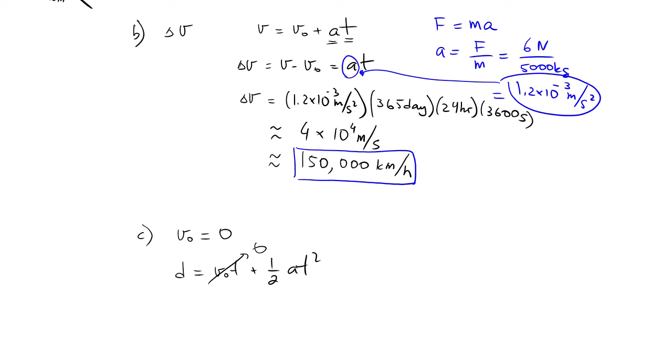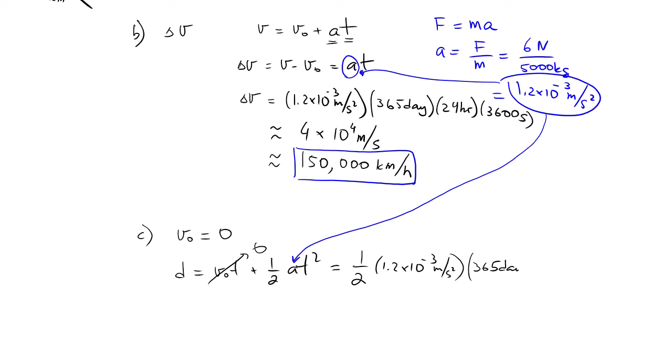So this is 0, and then we can plug in the numbers: 1/2, and our acceleration that we found in the previous part, 1.2 times 10 to the negative 3 meters per second squared. Again, it's 1 year, so 365 days, 24 hours per day, and 3,600 seconds. Let's punch this into our calculator. We'll get 6 times 10 to the 11 meters.